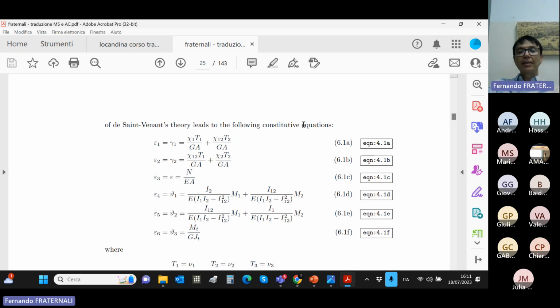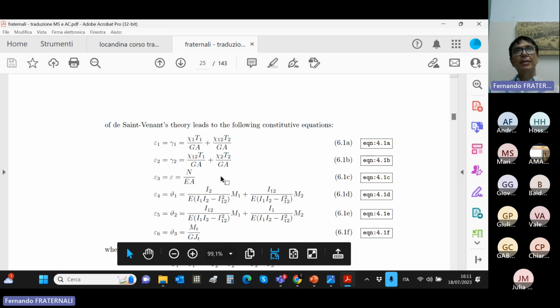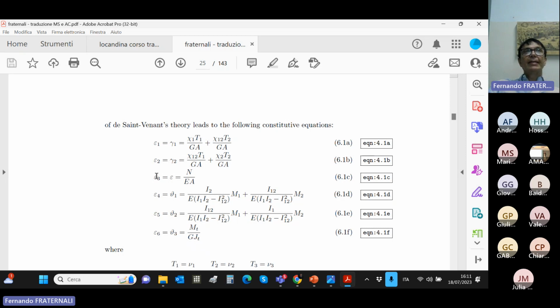You can see now that in these equations we are not assuming a coupling, in terms of constitutive equation, between the bending moments and the axial strain. The axial strain is only related to the axial force, okay?